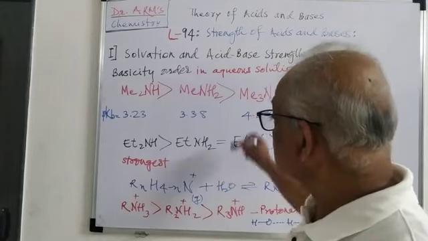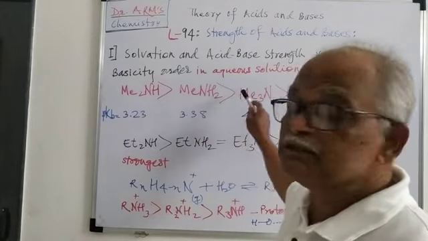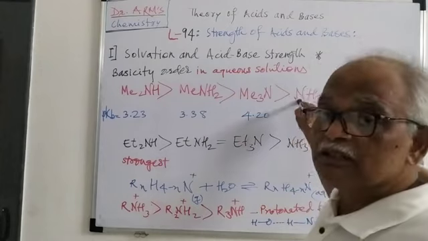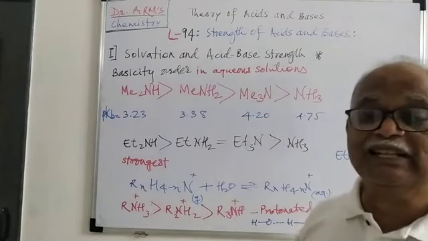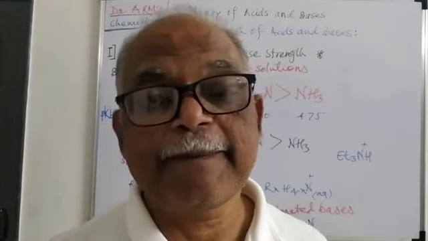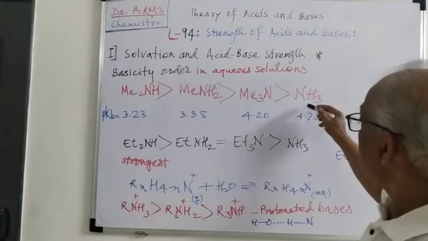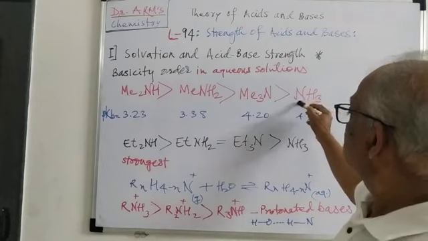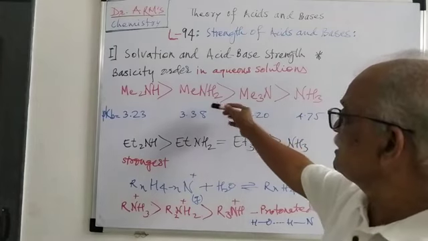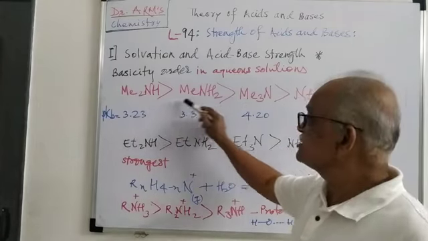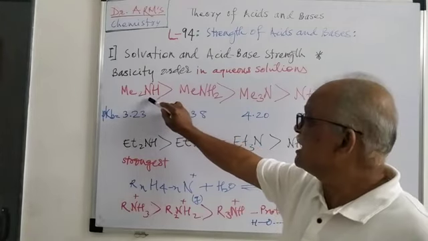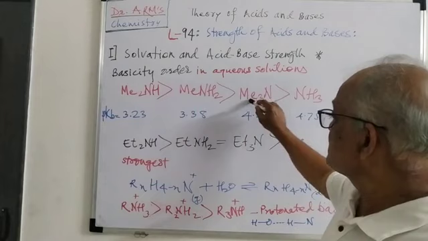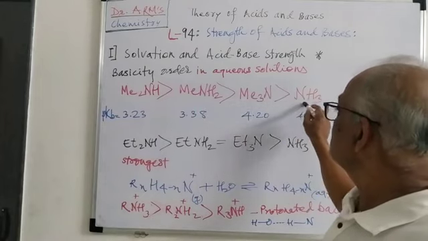Normally, when we are considering amines, these are alkyl or aryl derivatives of ammonia. When we replace the hydrogens by alkyl groups, we can obtain Me2NH, that is dimethylamine, methylamine, trimethylamine, and this is ammonia.